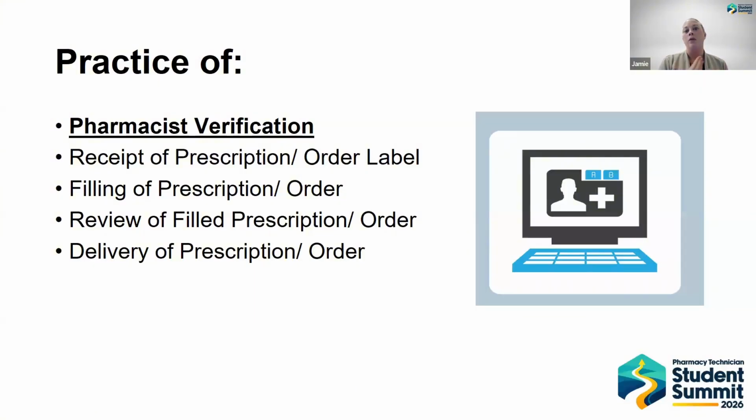So hopefully at some point during your training or your education, you have heard the term ambiguous. And so ambiguous errors are something that we as technicians are accepting kind of a role in. So what does that mean?